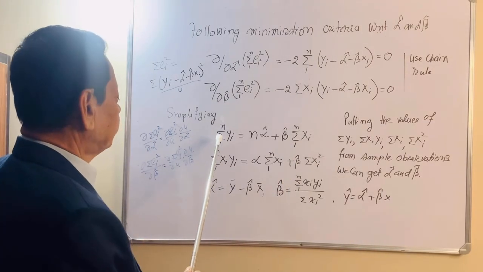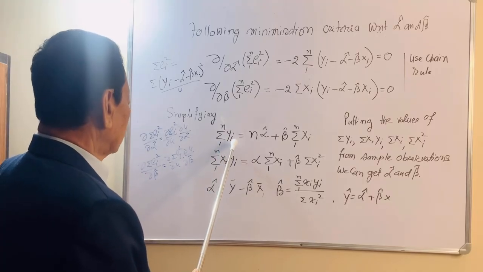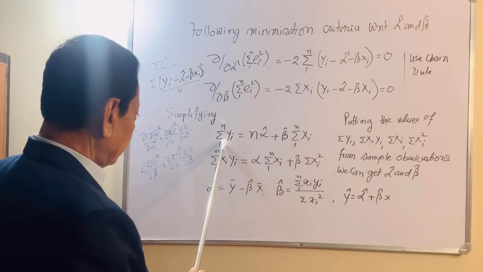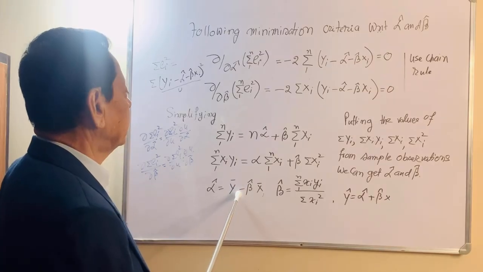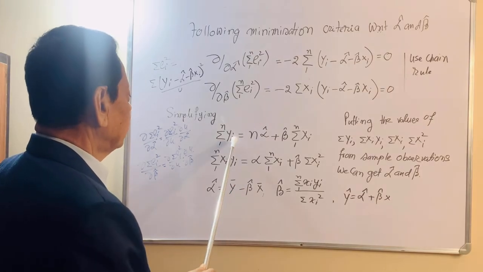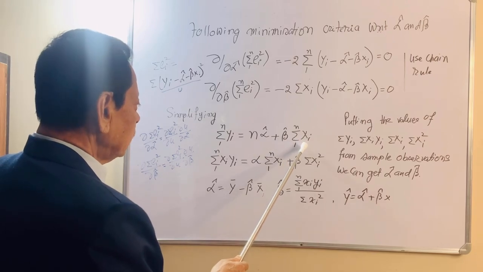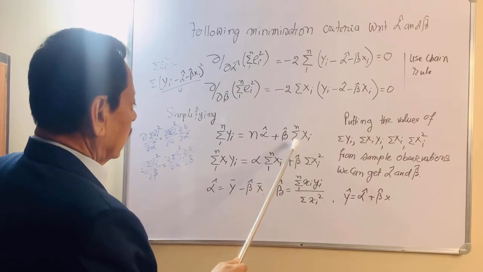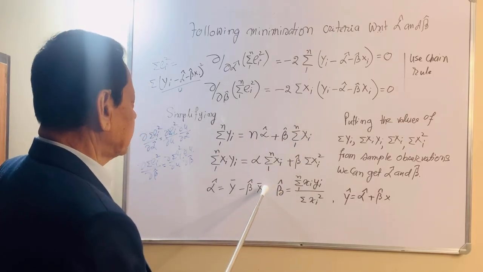Now what is alpha head? Summation y by n. So this is nothing but the average of this, and divided by n, it becomes beta head x bar.